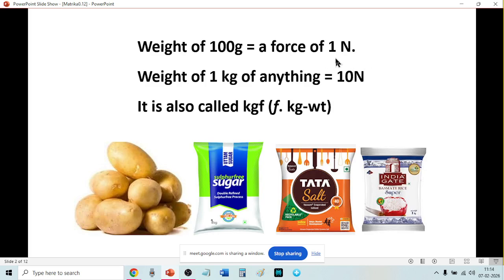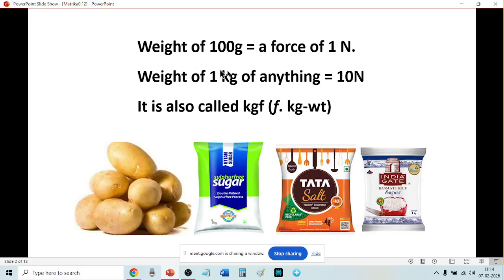So what is 1 Newton? The weight of 100 grams of anything. And what is 1 kgf? The weight of 1 kg of anything. 1 kg potato, 1 kg sugar, 1 kg of anything. The weight is 1 kgf and also equal to 10 newtons. Okay?